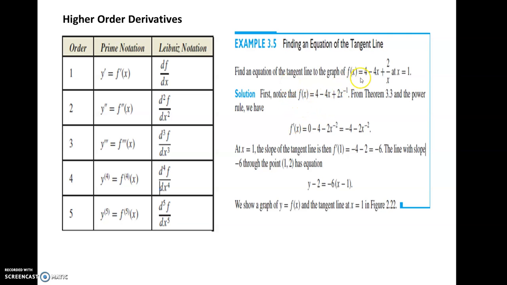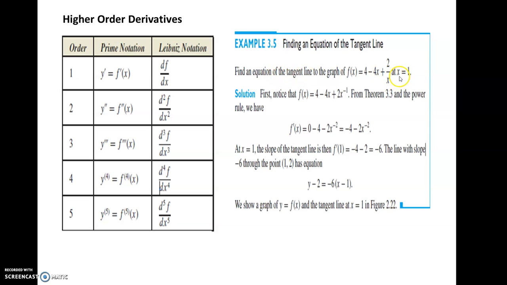You are given f(x), three terms, right? I find the derivative of that. So I got minus 4 minus 2 x to the power minus 2. Now this is the slope of the tangent line at any point x. But I am finding the equation of the tangent line at x equal to 1.